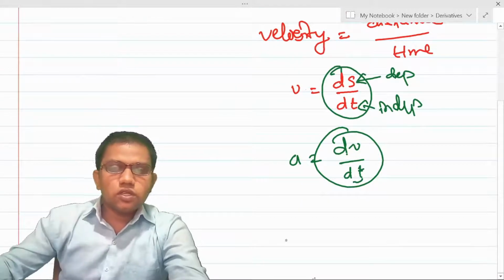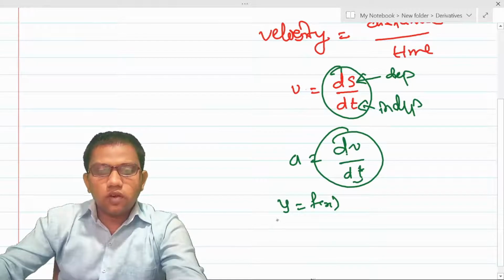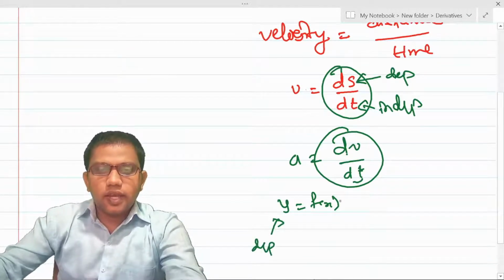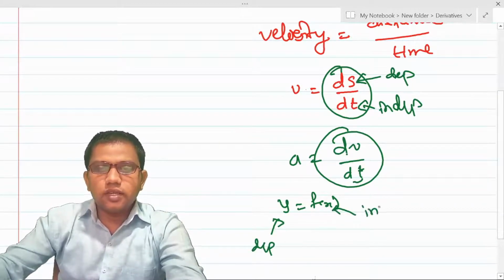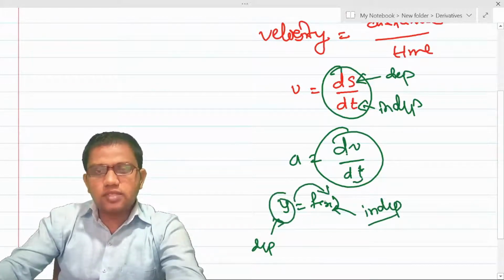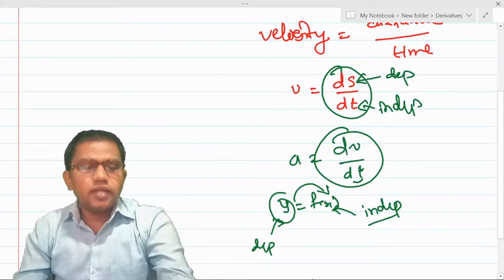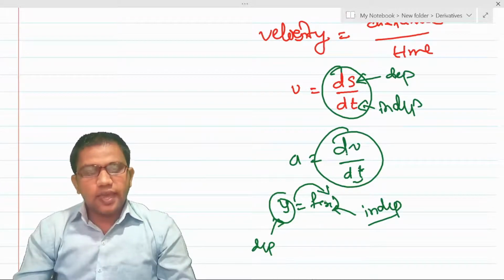Suppose we have the function y equals f(x). Now y is dependent here and x is independent here. The value of y depends on x, therefore y is dependent and it depends on x.